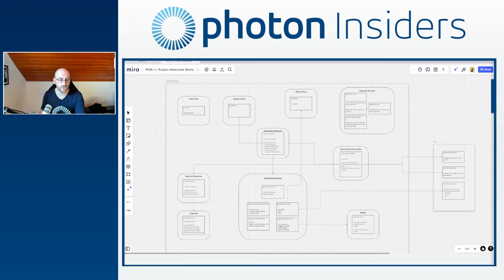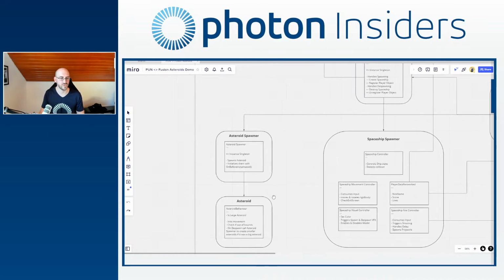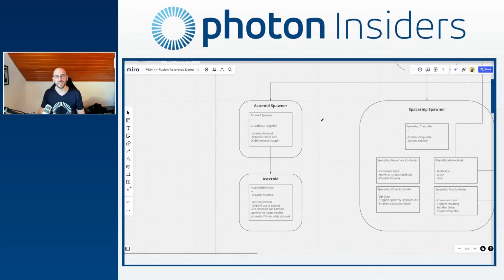This means we currently now have different systems. And as any good Asteroid game, it starts with the actual Asteroid spawner. The Asteroid spawner itself is, here again, an instance singleton and has the only responsibility of spawning an asteroid and initializing any data the asteroid needs to know about itself and the clients need to know about the asteroid.